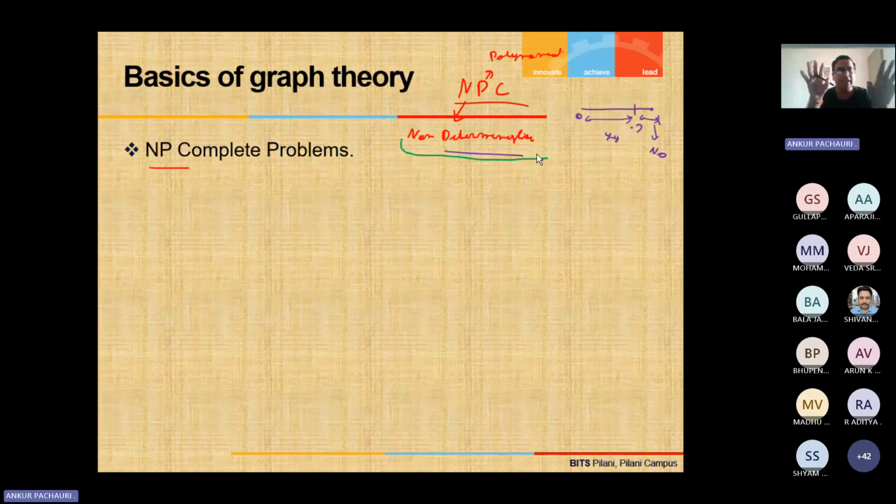Means they are not deterministic, they are random or probabilistic. So you got the difference between deterministic and non-deterministic algorithms. Non-deterministic comprises random algorithms and stochastic algorithms. Stochastic algorithms can also be called probabilistic algorithms.